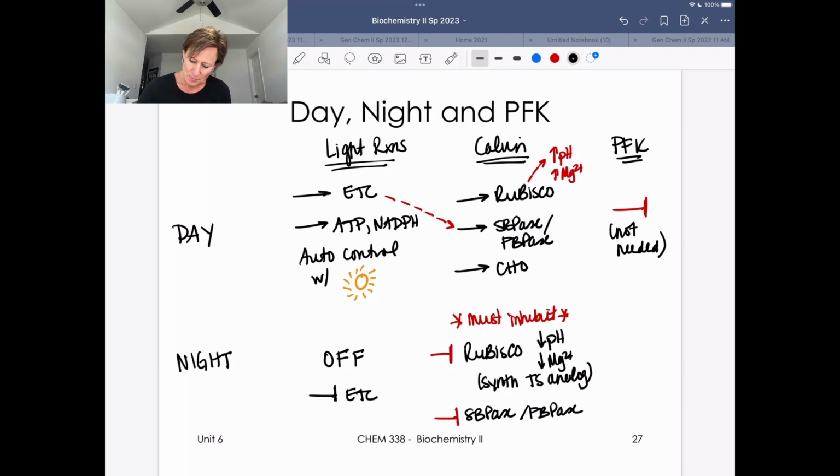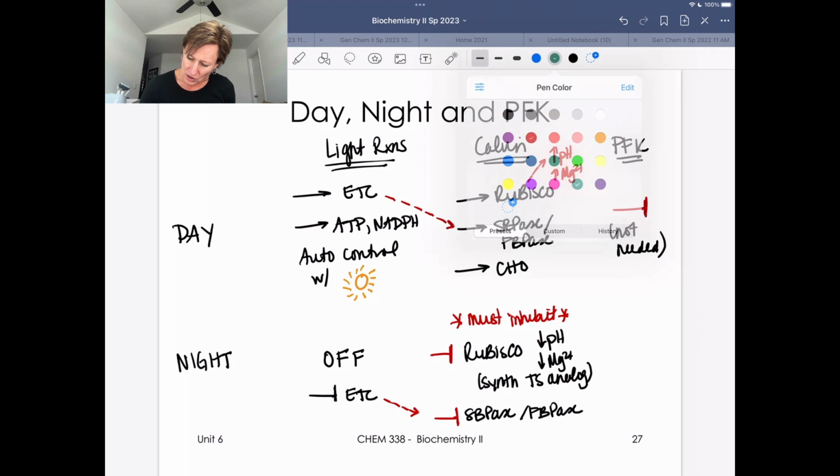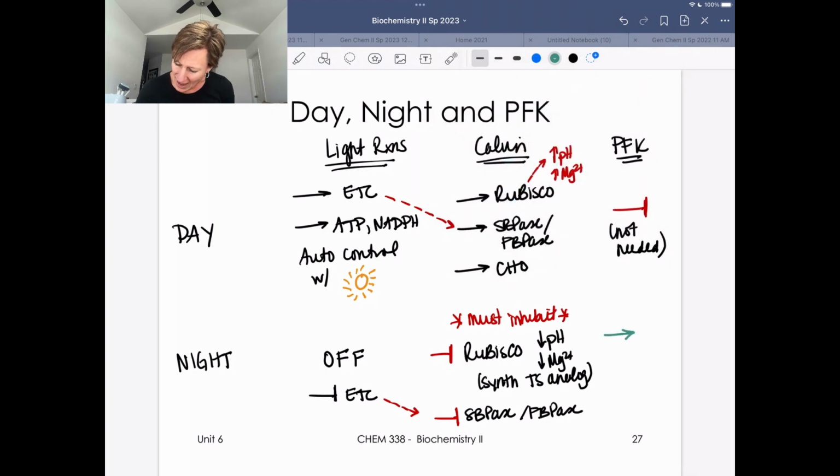We're going to do that by the fact that electron transport is being inhibited, which also means that there are no electrons to put SBPase and FBPase into their reduced or active forms. And lastly, we must make sure at night that we are activating PFK.